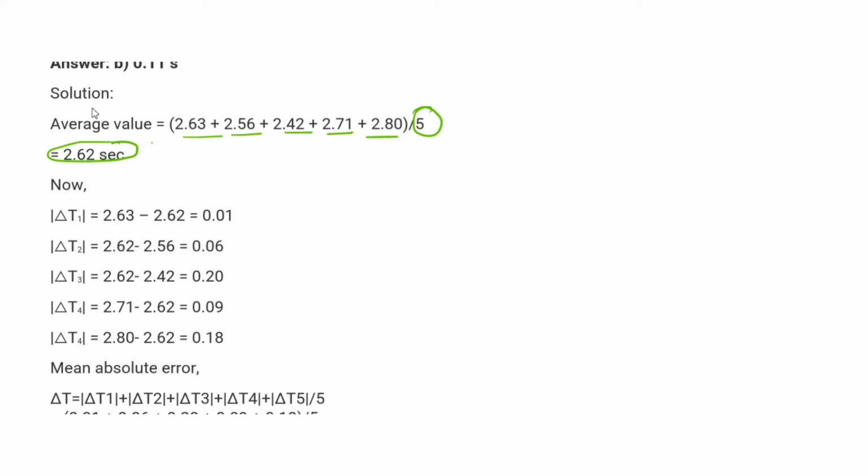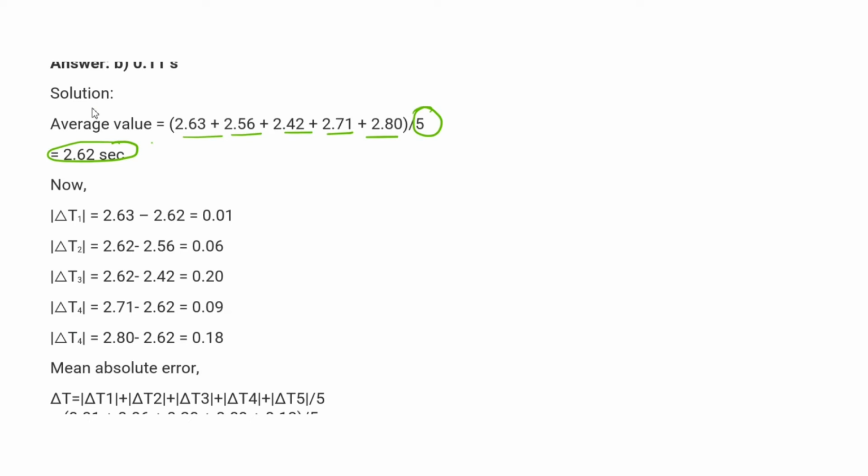Second step is to find out del A1, del A2, del A3. So what is del A1? Del A1 is nothing but the average value, that is A mean minus A1. Del A2 is A mean minus A2. Del A3 is A mean minus A3. And here remember, we always take the absolute value, that is the positive value.